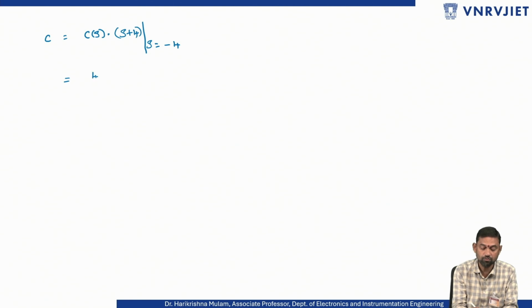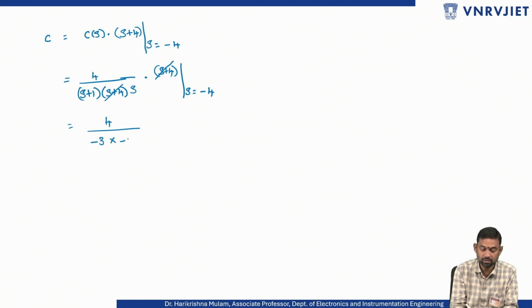Therefore, C(s) is 4 by (s plus 1) into (s plus 4) into s, into (s plus 4), when s is equal to minus 4. Therefore, (s plus 4) gets cancelled. 4 by (s plus 1) into s, where s is minus 4. So minus 4 plus 1 is minus 3, into s is minus 4. Therefore, minus becomes plus, then 4 gets cancelled. Therefore, the C value is 1 by 3.